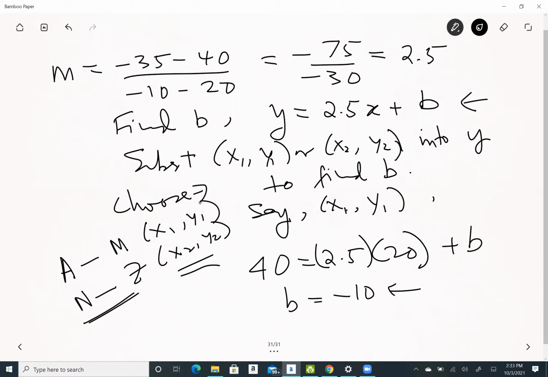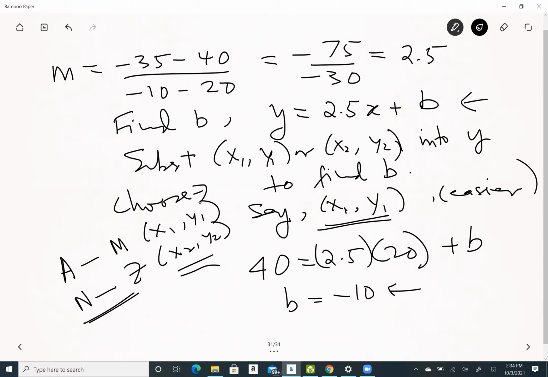Negative 10. Okay, good. We should have negative 10. Okay, if you don't, that means something is wrong. You have to try to work it out. So you choose either one. If you choose x1, y1, it's easier, because it is positive values, nice, 40, 20. If you use the other point, it will be negative 10, negative 35.